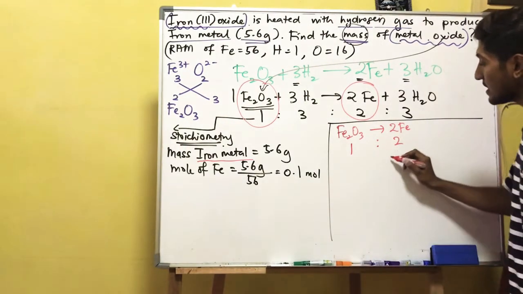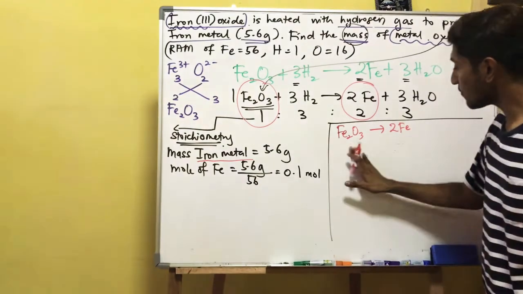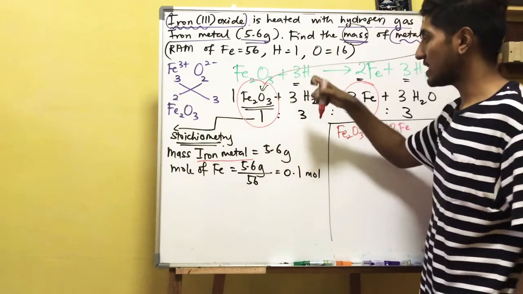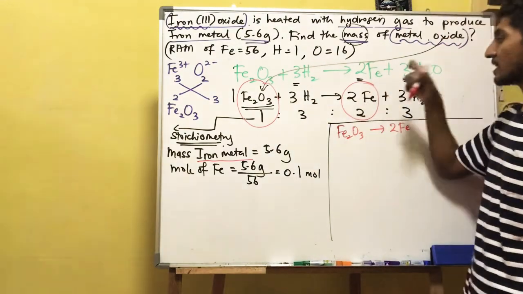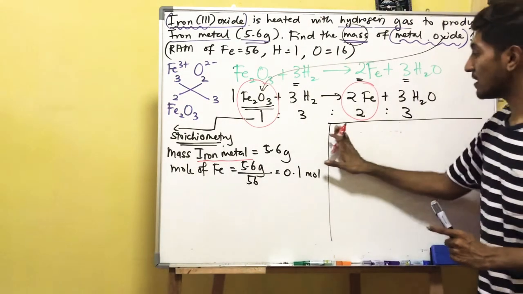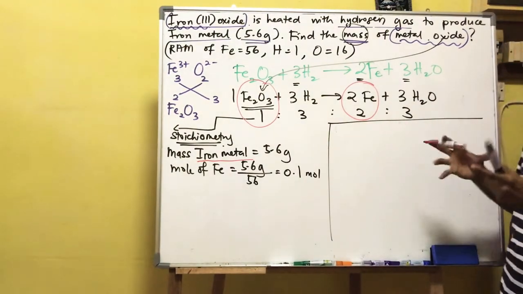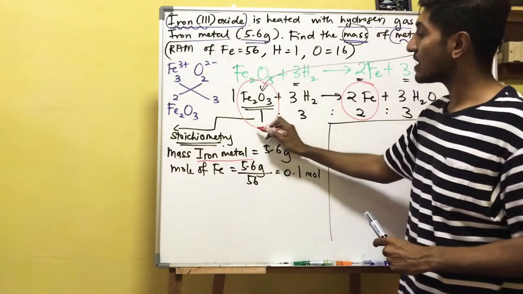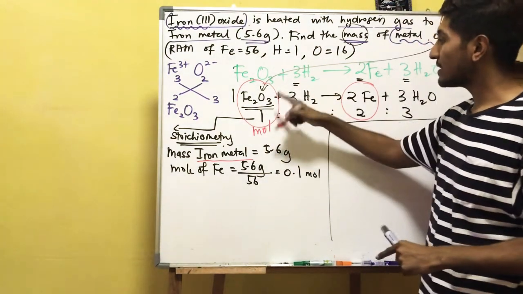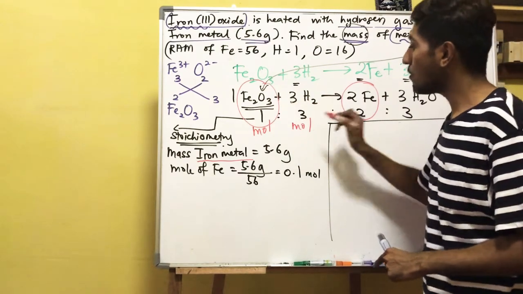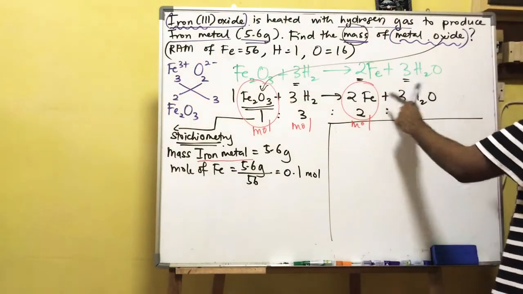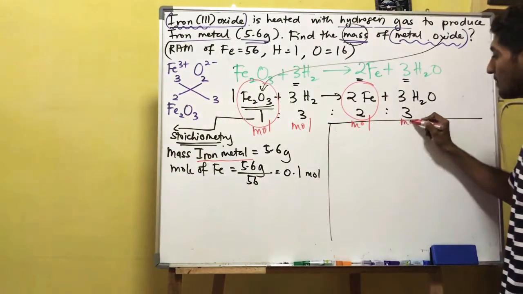So it is also fair to say, selain daripada yang tadi saya cakap, kita pun boleh cakap bahawa kalaulah saya ada 1 mol ferrum 3 oksida, saya bertindak balas dengan 3 mol hydrogen gas menghasilkan 2 mol logam ferrum dan 3 mol air.